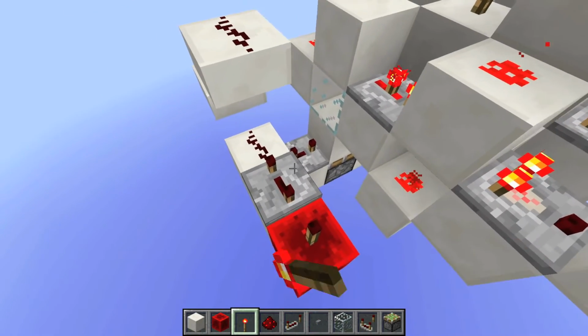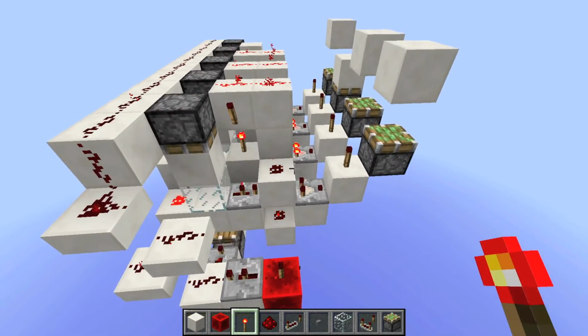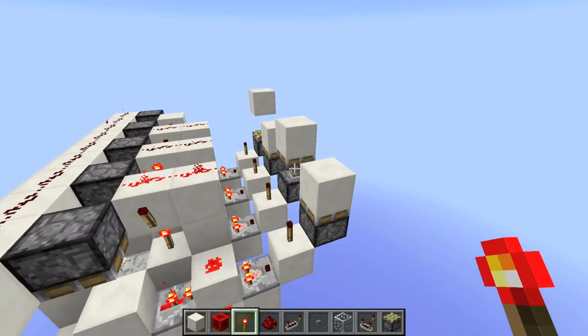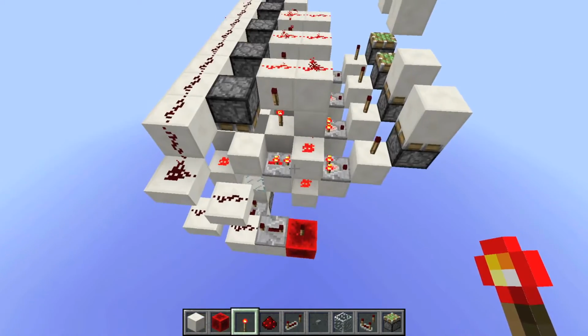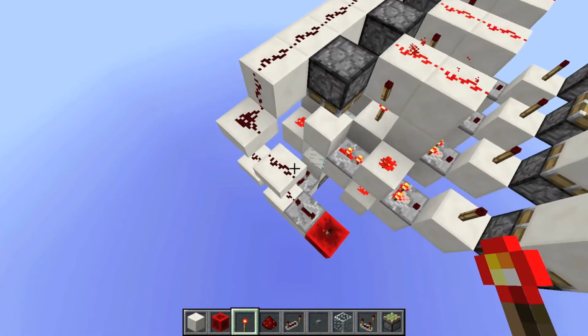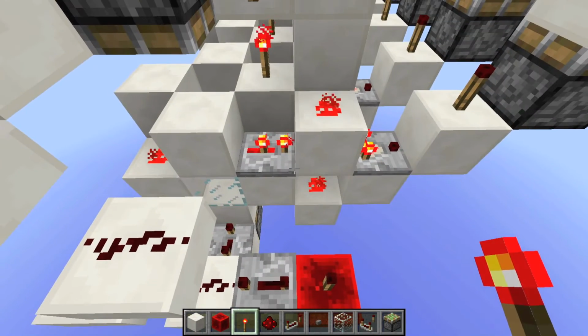You change that to 3, because 3 minus 1 is 2, and then let me just do that, and as you see there, the first bit will activate, and then for 3 ticks the second bit will activate, and then 4 ticks the third bit will activate. So yeah, that's pretty nifty if you don't want to have extra bits in the front if you know you're going to be starting at a certain length pulse.